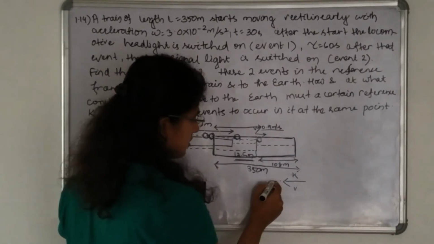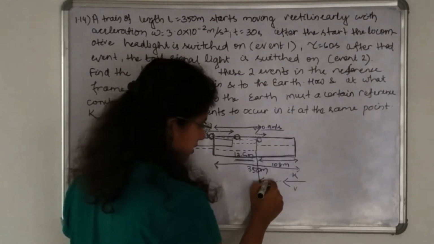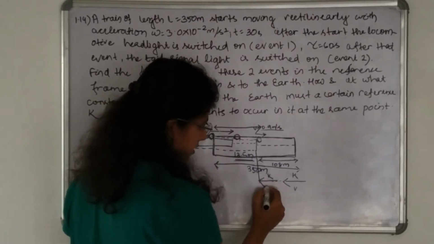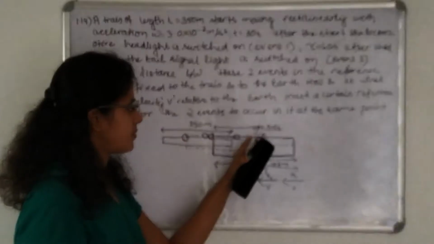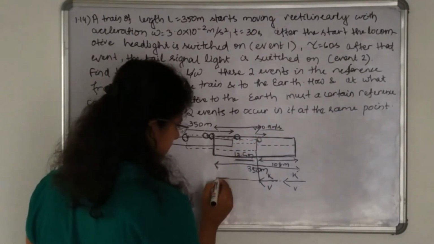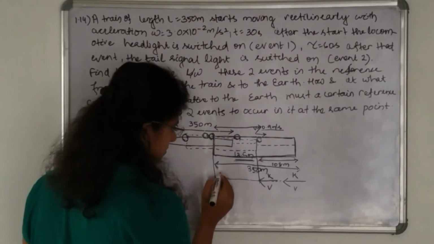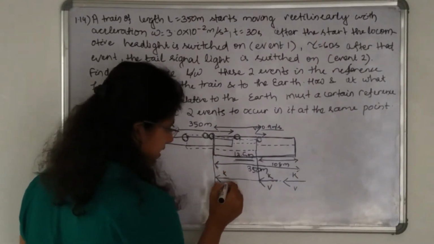At this instant, at this point, it will experience the event where the headlight is turned on. After traveling this distance, it will again experience at the same point the event where the tail light is turned on.